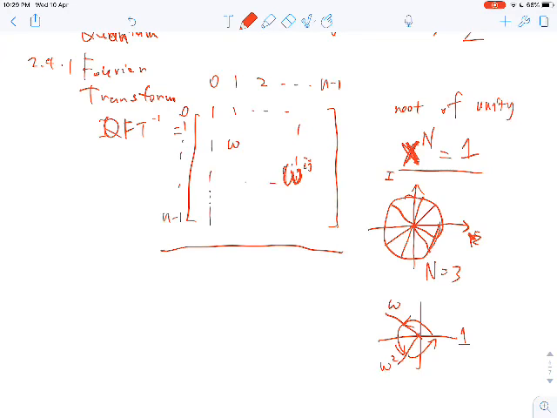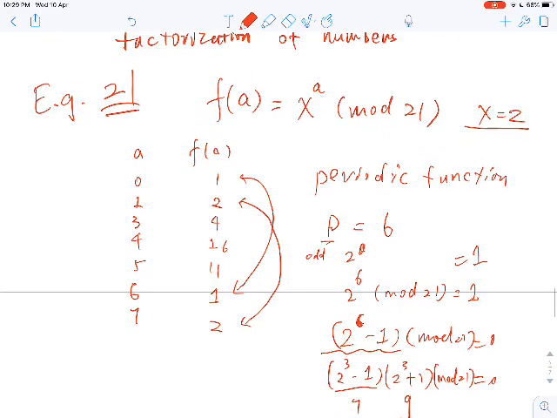That's very useful for us to find the periods of a function. Like in this part, what I have introduced is that after we find the period, we can easily solve the problem.